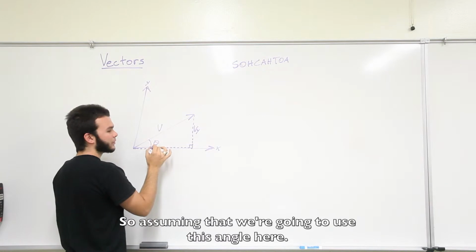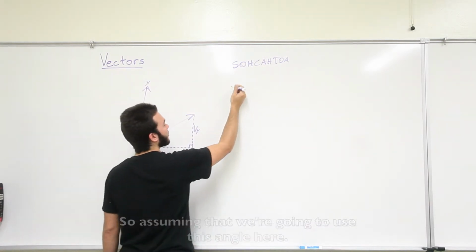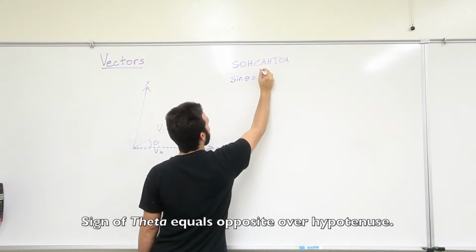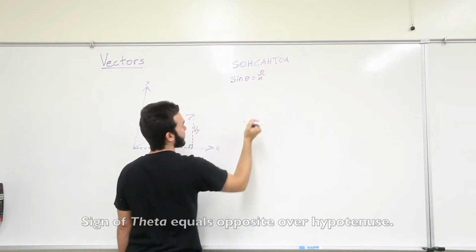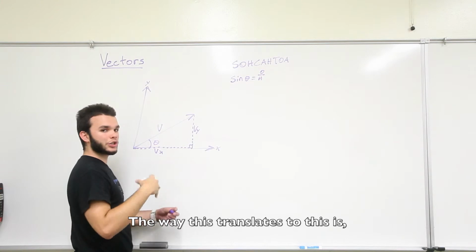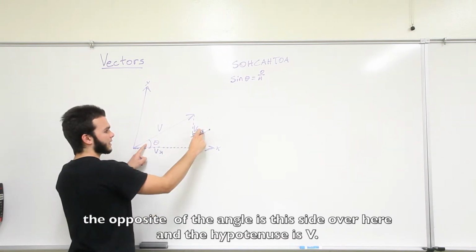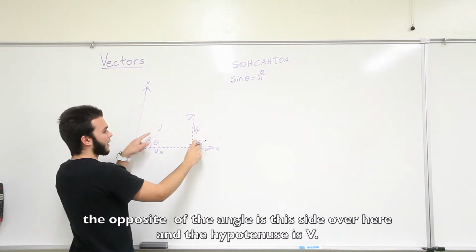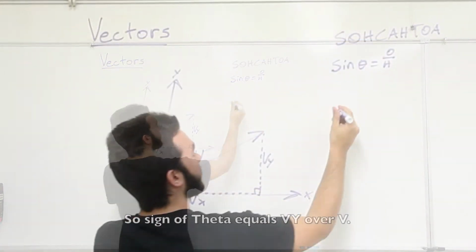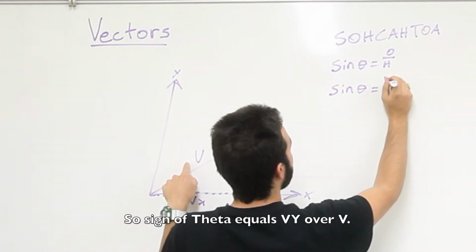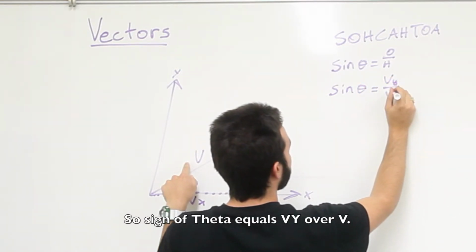So assuming that we're going to use this angle here, sine of theta equals opposite over hypotenuse. The opposite of the angle is this side over here, and the hypotenuse is V. So sine of theta equals Vy over V.